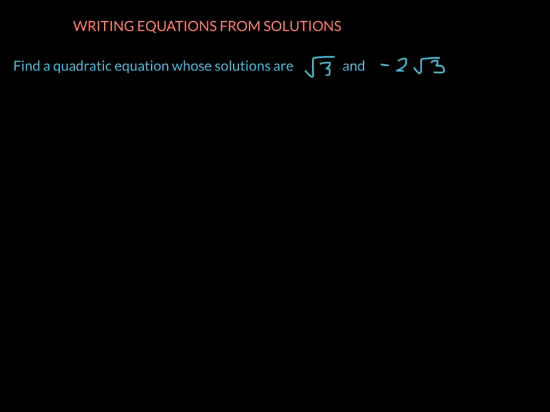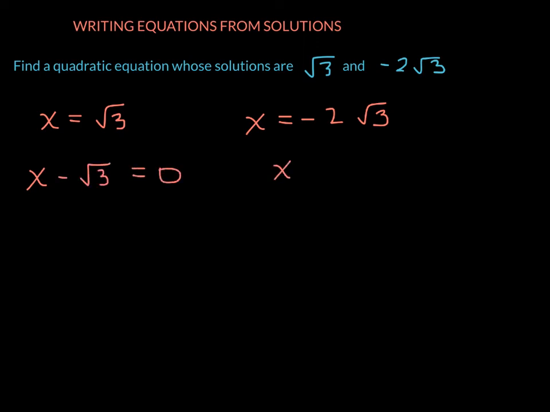All right, let's do this again, everybody. We have solutions root 3 and negative 2 root 3. And what we're going to do is find the equation that has these two solutions. So x is equal to root 3 or x is equal to negative 2 root 3. Setting each of these equations to 0 gives me x minus root 3 is 0, or x plus 2 root 3 is 0.